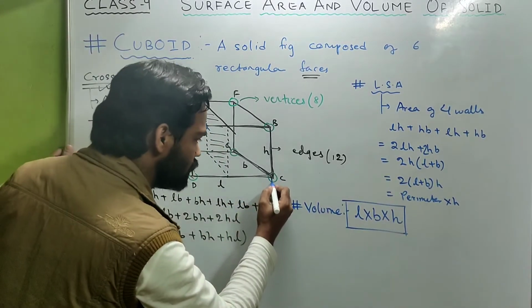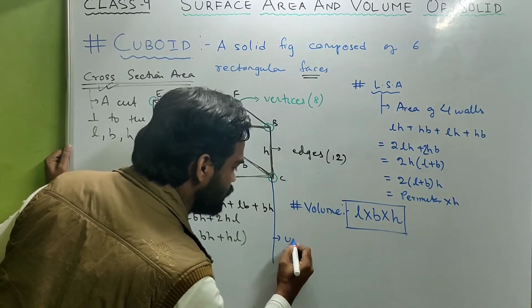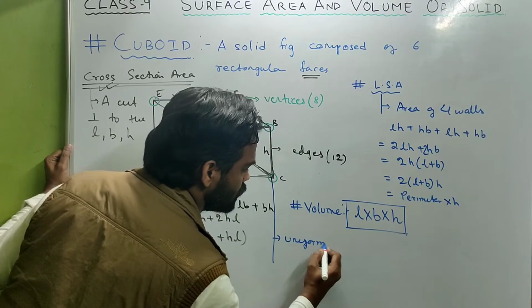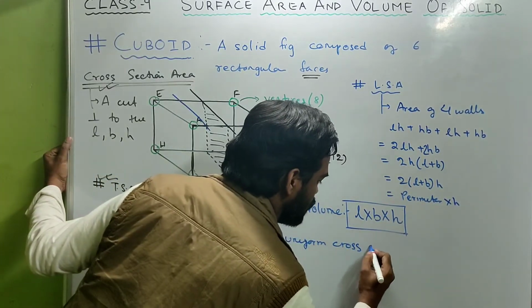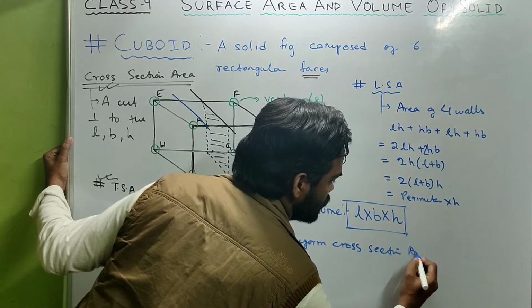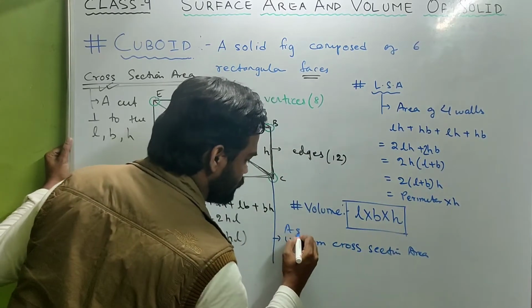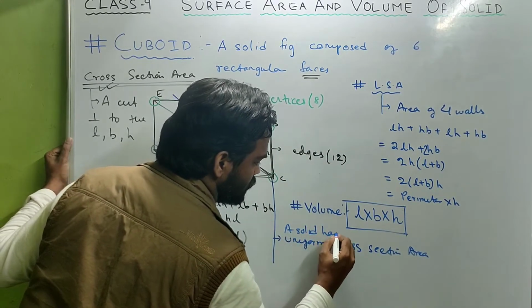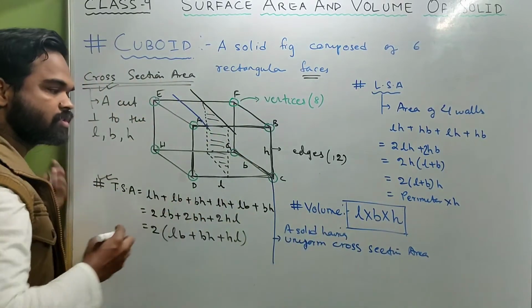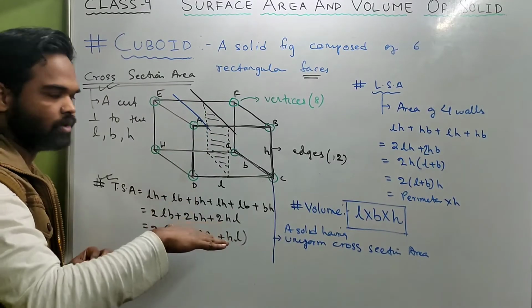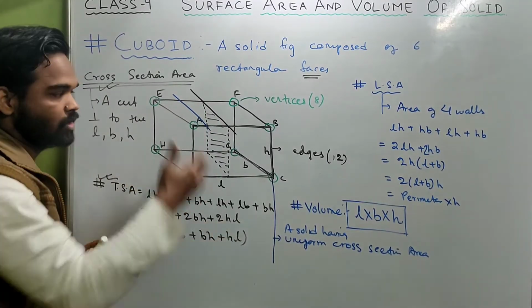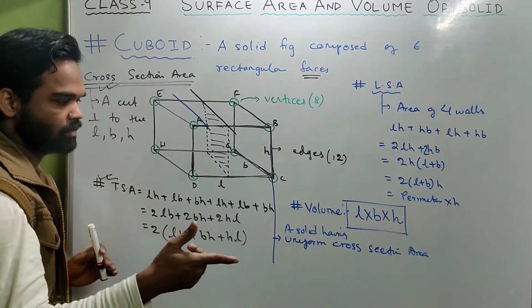That's known as a uniform cross section. A solid having uniform cross section area. This is a solid having a uniform cross section area, because wherever you make a cut perpendicular, of course, to length, breadth or height, you get the same area exposed.